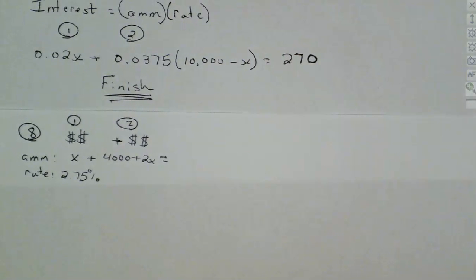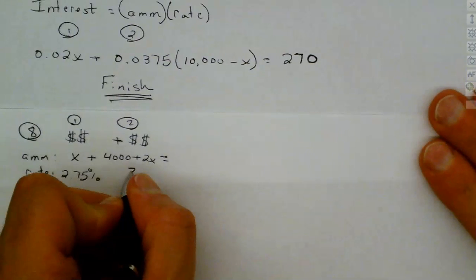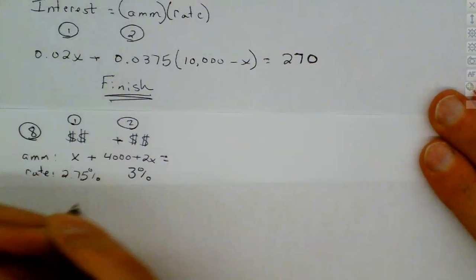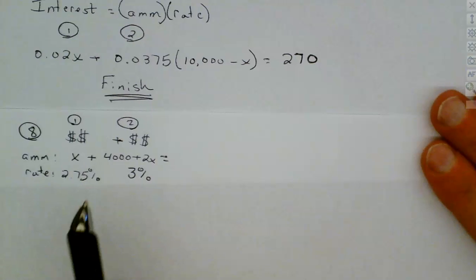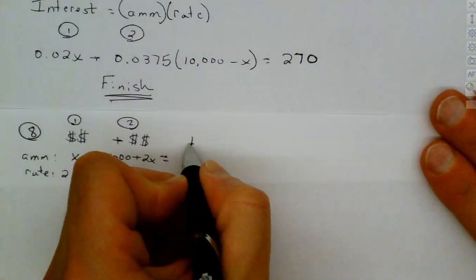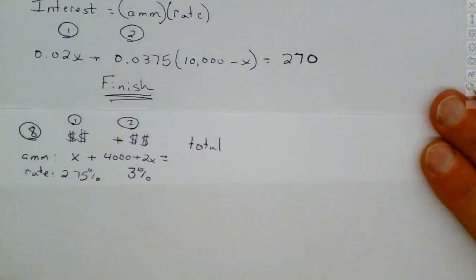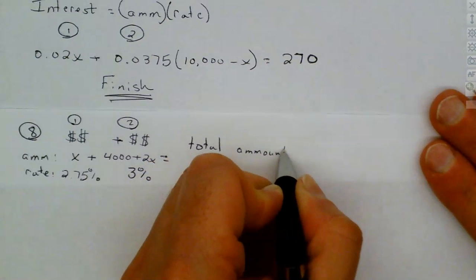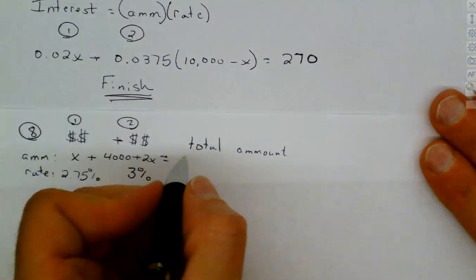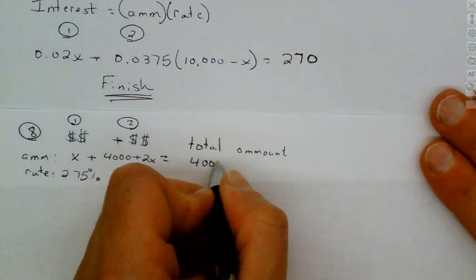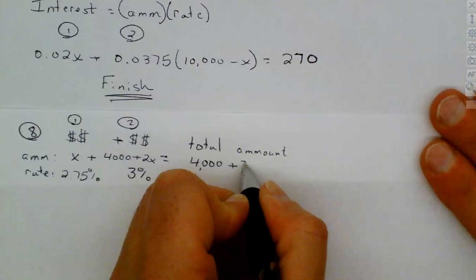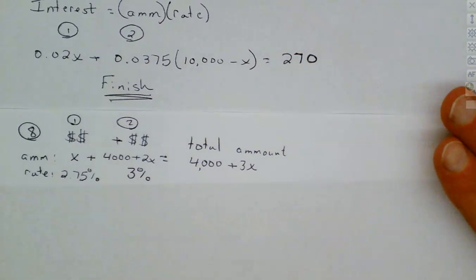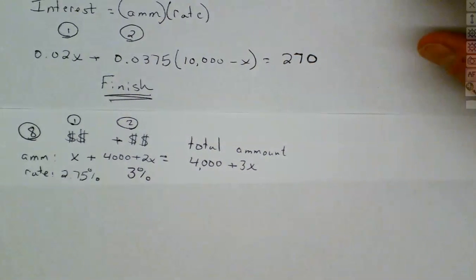Well, it looks like we've got 3%. We're going to go ahead and add these across to get our total amount. And when we add these across, we have now 4,000 plus 3x. So that's what happens when we add them across.